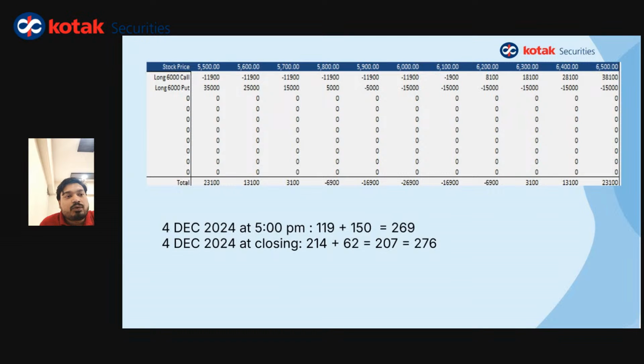Closing price on 4th of December was around 214 for the put option. The 6,000 put became 214, which was 150, and the call option became 62 rupees, which was 190.